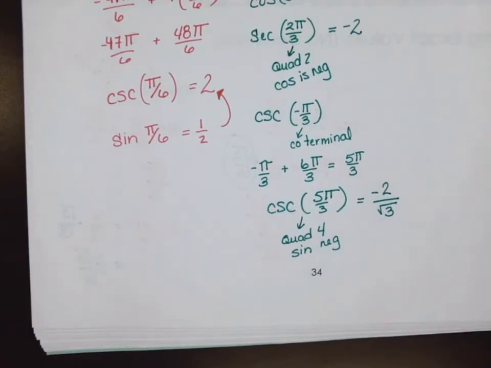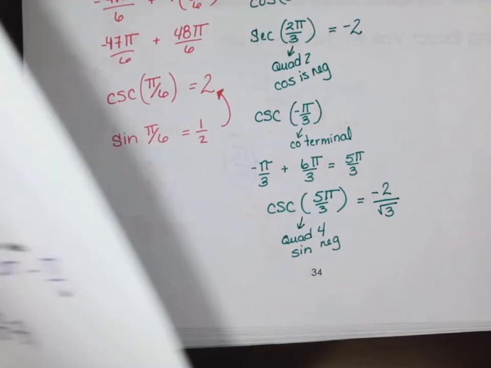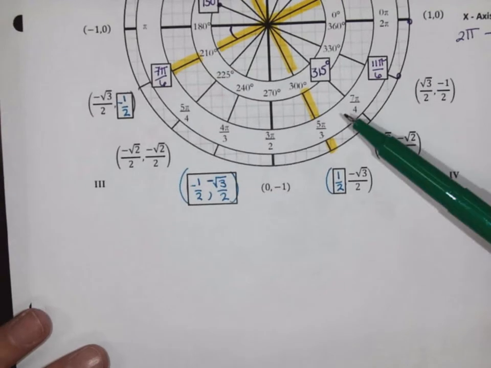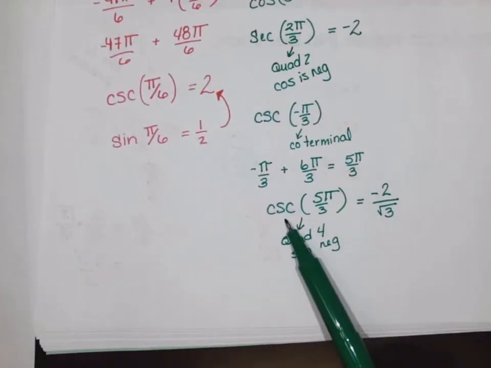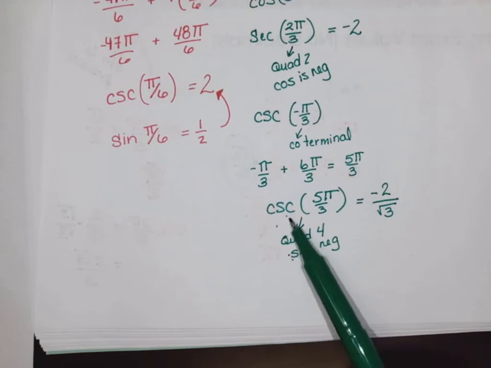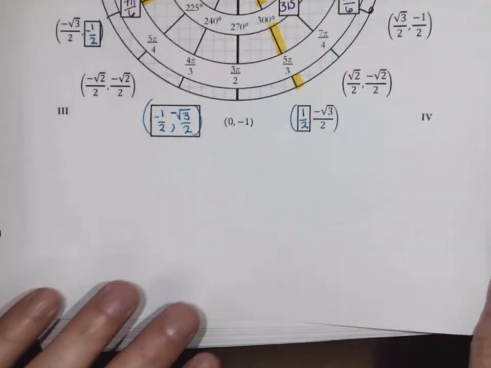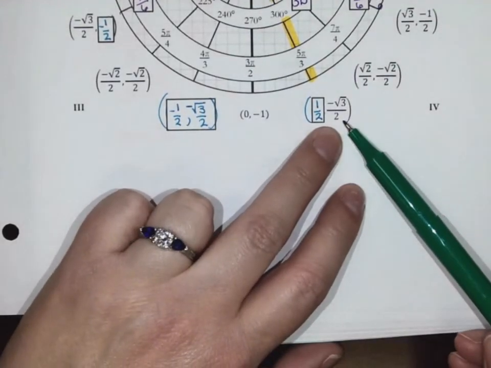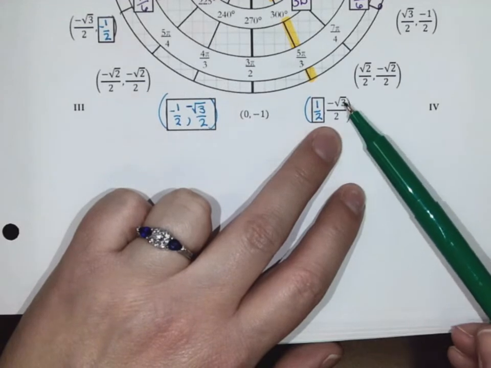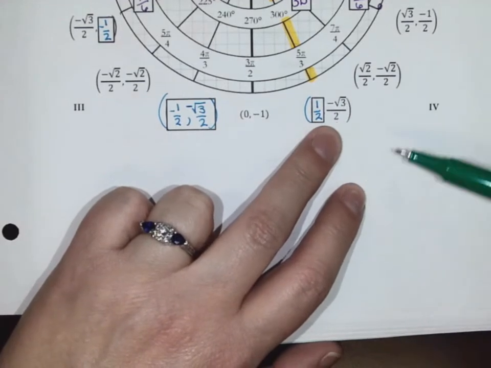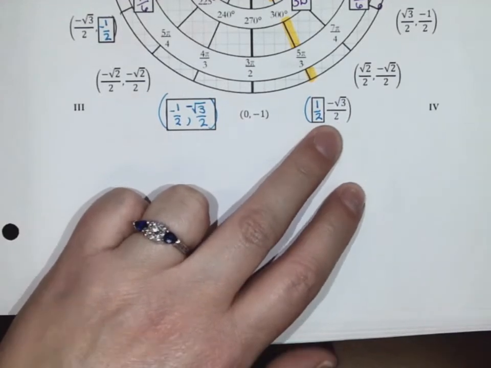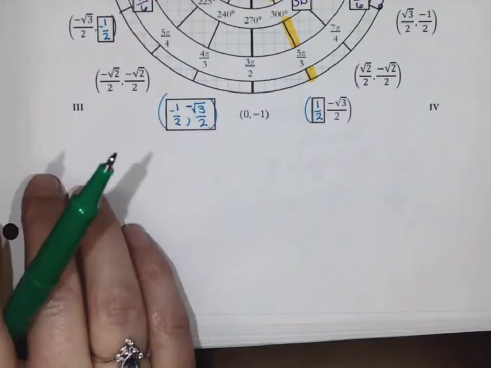If you're not following along, jump to 5 pi over 3. We're looking for sine because it's cosecant. Sine is negative root 3 over 2, so we're just going to flip it.